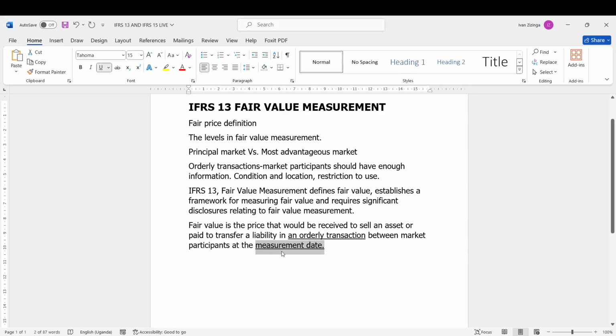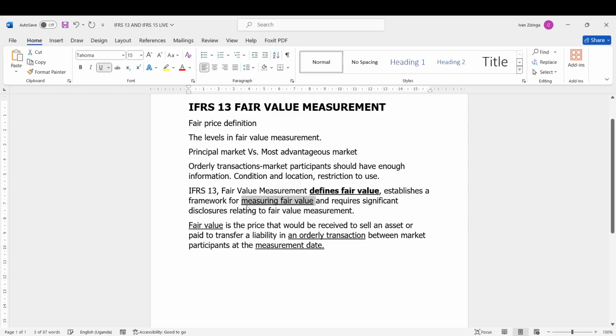The definition of fair value is very important when it comes to IFRS 13. It is very, very important. And as we've already seen, this standard provides us guidance with the definition of fair value. That's why it is very important for you to know the definition. It also guides us on how we should measure fair value.